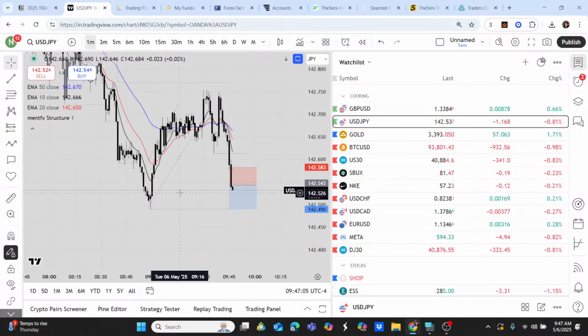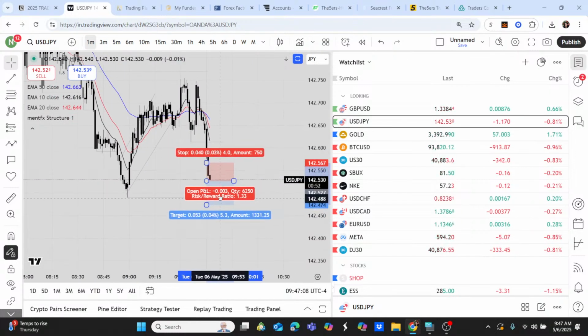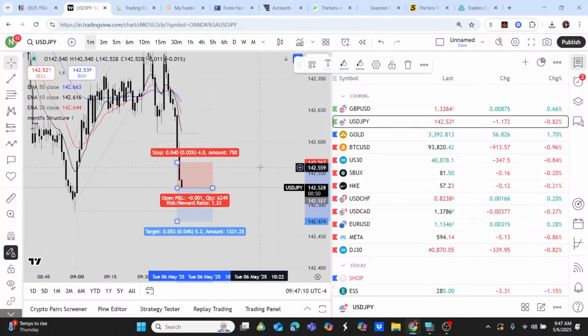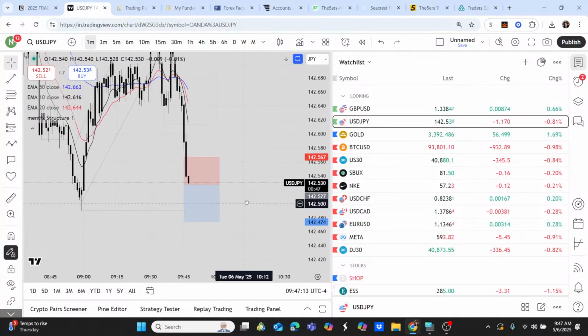So as long as this overall low doesn't get targeted before I find a trade.